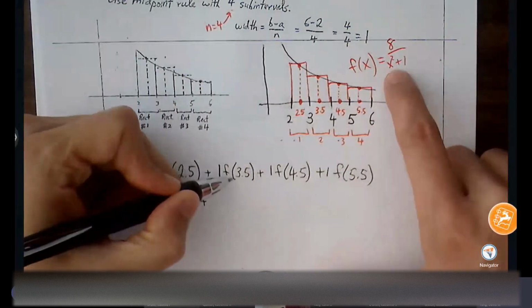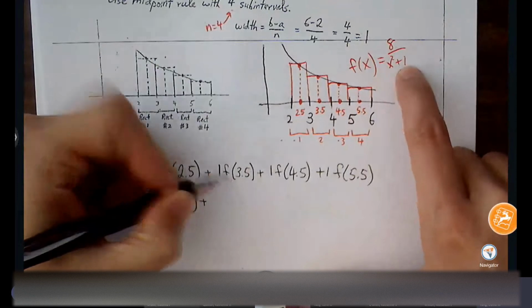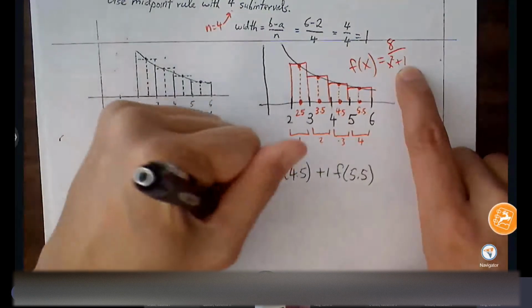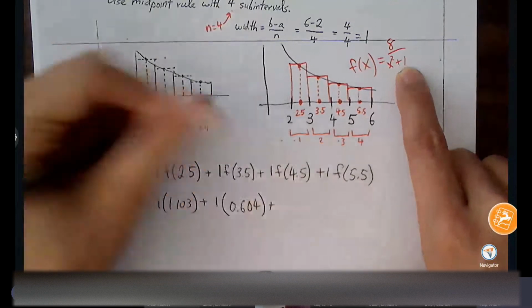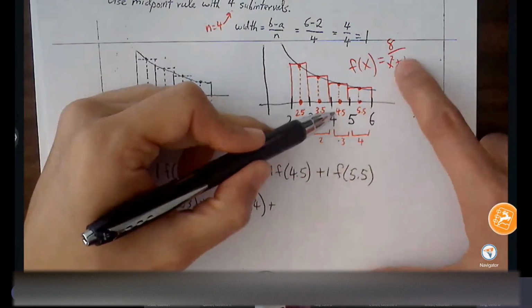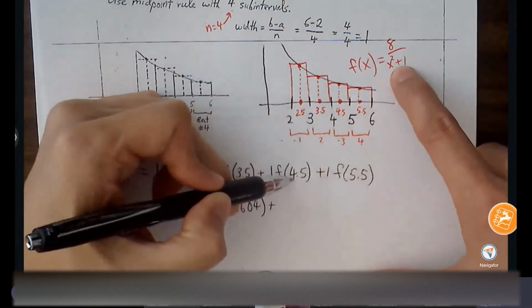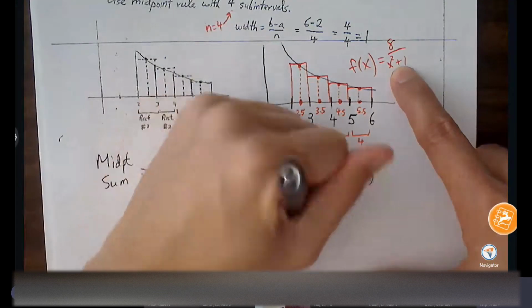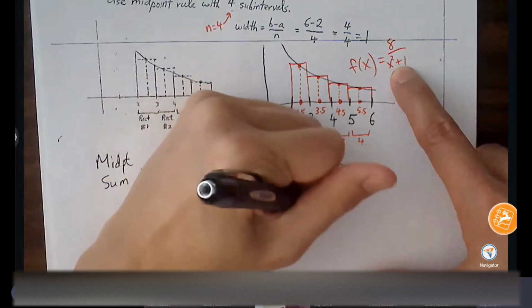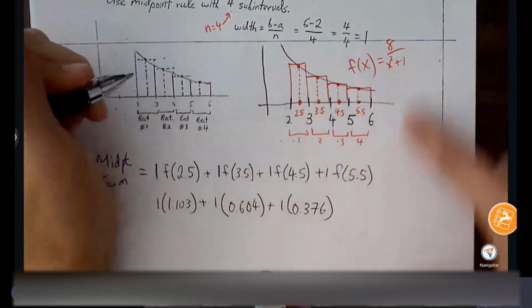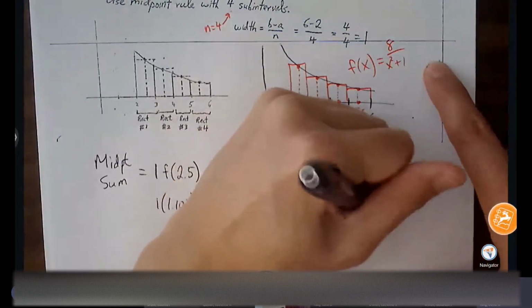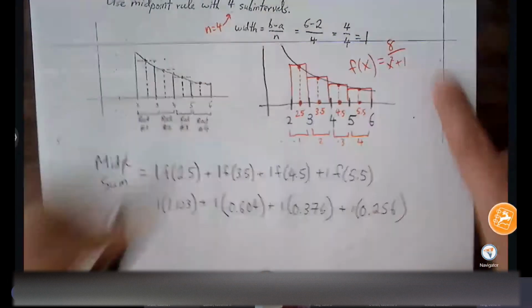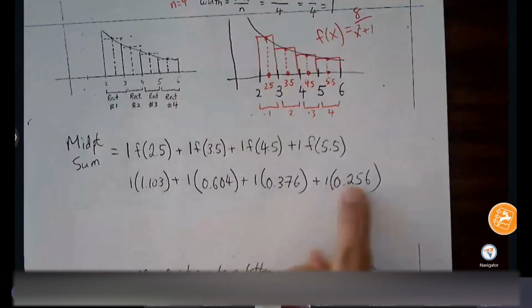Plug 3.5 in for x, 8 over 3.5 squared plus 1. 4.5 in for x, 8 over 4.5 squared plus 1. And finally, 5.5 in for x. Okay, we still have areas of 4 rectangles.